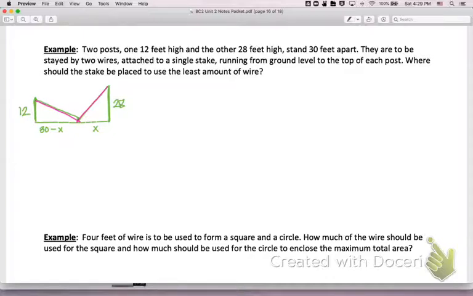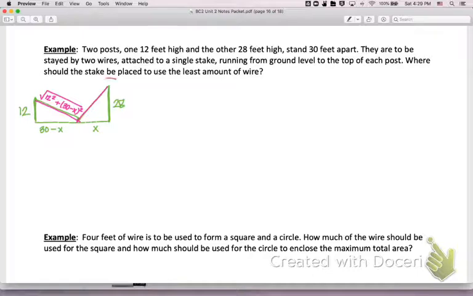So if we use the distance formula, or I'm sorry, not the distance formula, well, it's the same thing, but using the Pythagorean theorem, each of these distances is going to be the square root of a squared plus b squared. So for this side of the wire, we're going to get the square root of 12 squared plus (30 minus x) squared.